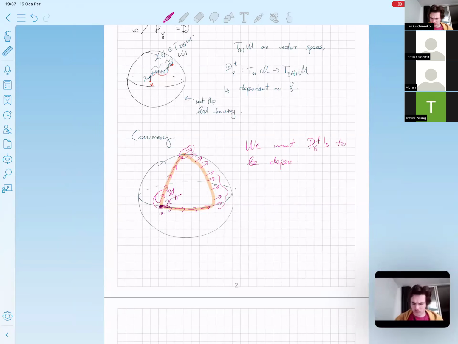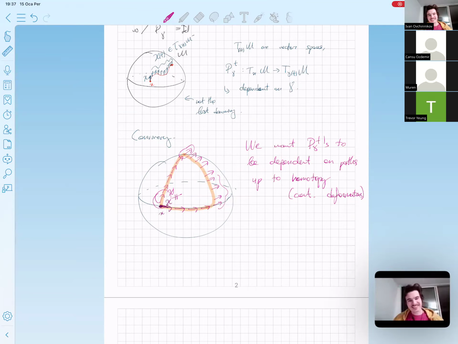Well, once again, it's not just start and ending points, because if you have paths with holes, yes, exactly, you're right again. So let me spell it: dependent on paths up to homotopy, up to continuous deformation, or something like this. Homotopy, but people might not know the term.